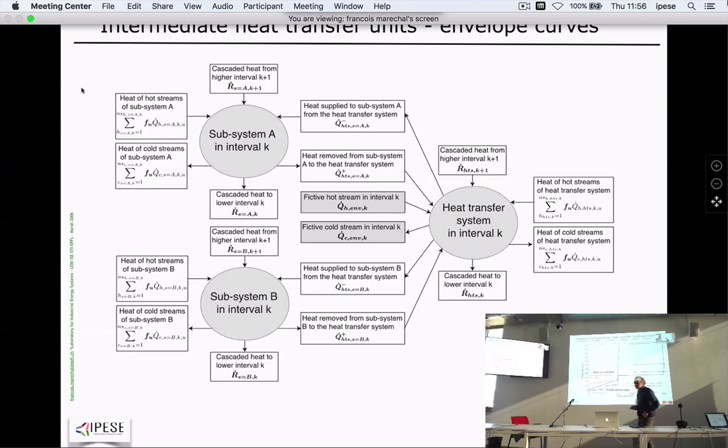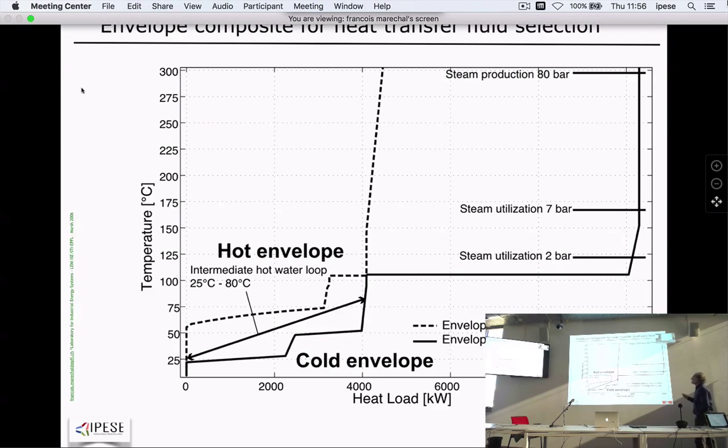By doing this, I will calculate what is shown here, the envelope: the hot conditions that are needed by the heat transfer fluid, and the cold conditions that are needed by the heat transfer fluid.